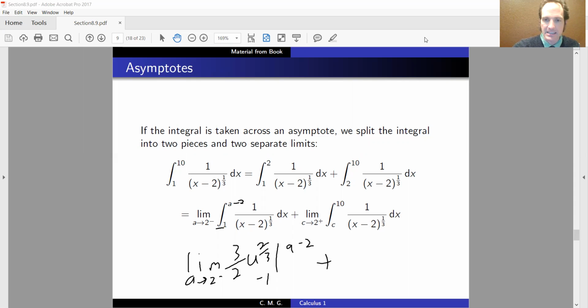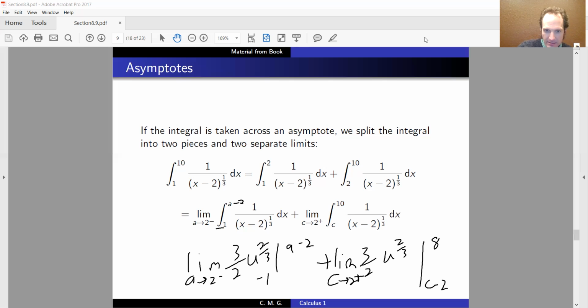So the integral is exactly the same. It's just 3/2 u to the 2/3, evaluated between this time c minus 2 and 8. And now I evaluate both of those things at, in this case, -1 and at 8. And then I add those two together, take the limits as a goes to 2 from the left, and c goes to 2 from the right.